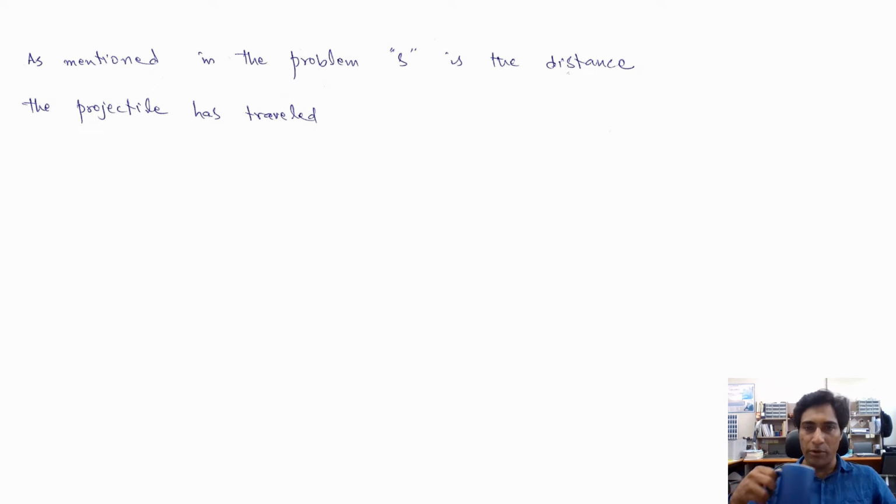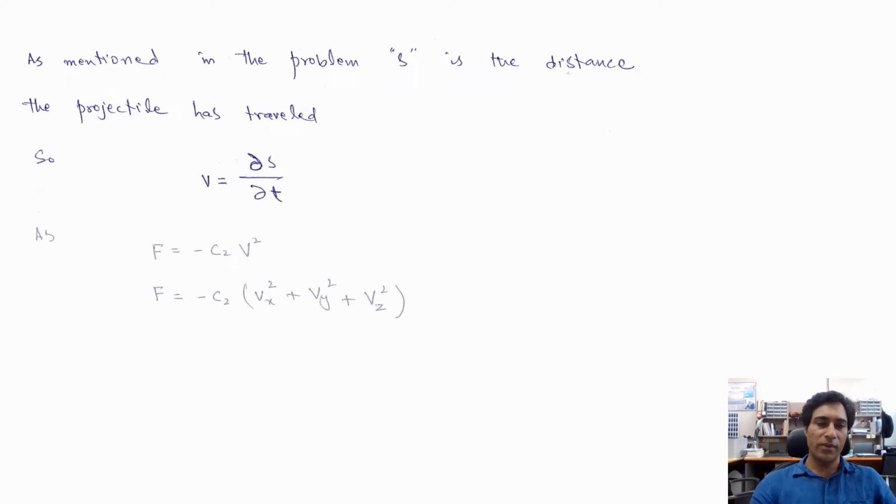As mentioned in the problem, s is the distance the projectile has traveled, so the speed v should be equal to ds over dt.